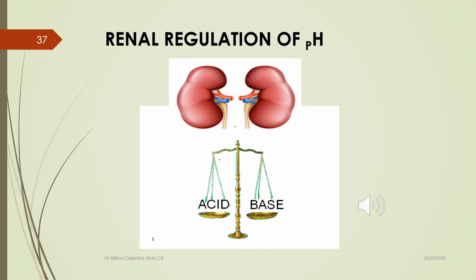It is an important function of the kidney to regulate the pH of the extracellular fluid by excreting either an acidic or basic urine. The non-volatile acids which are produced in the body cannot be excreted by the lungs. So the primary mechanism for removal of these acids from the body is by renal excretion. This is the reason why we require the renal system for the regulation of the pH.